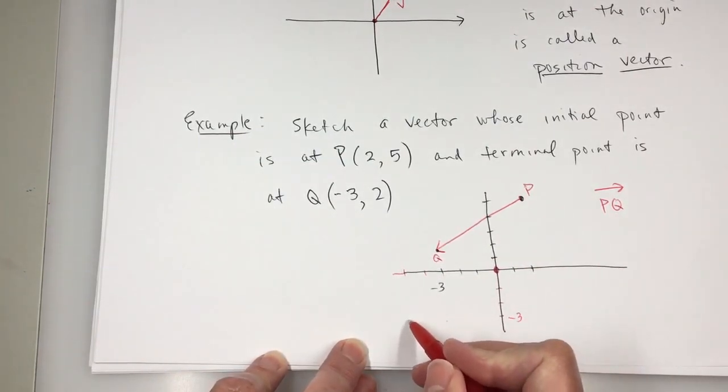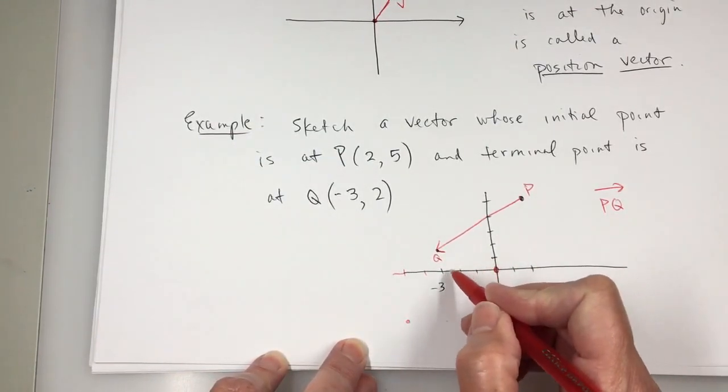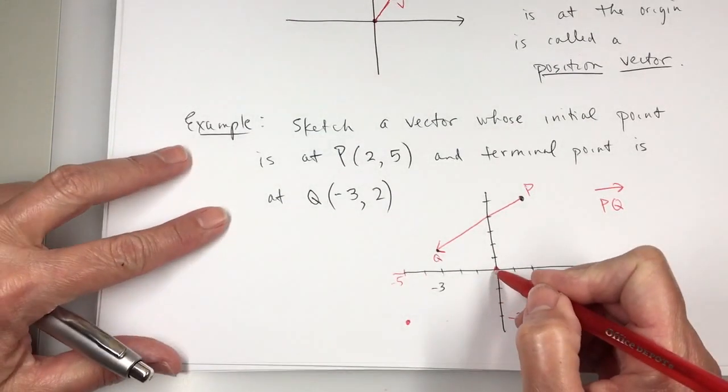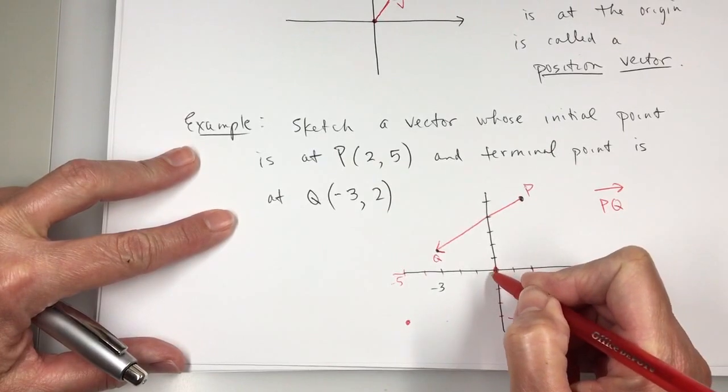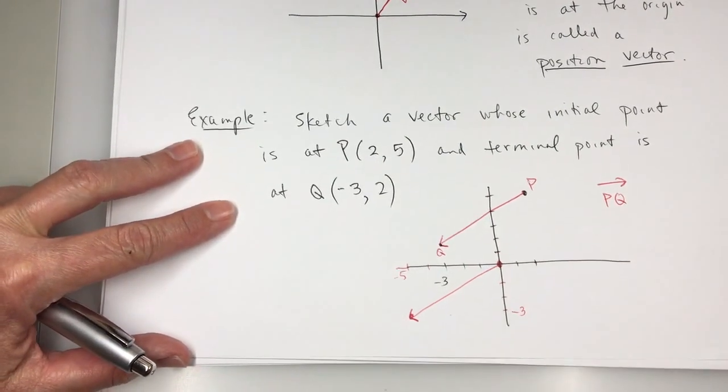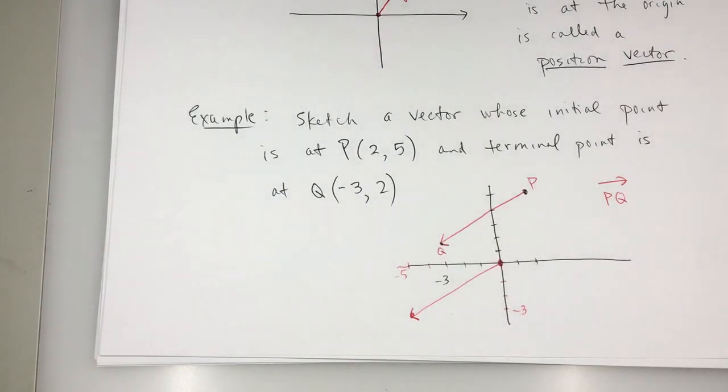And then over 1, 2, 3 is -5. So Q would move to here. And then here's my same vector, but the position vector for it.